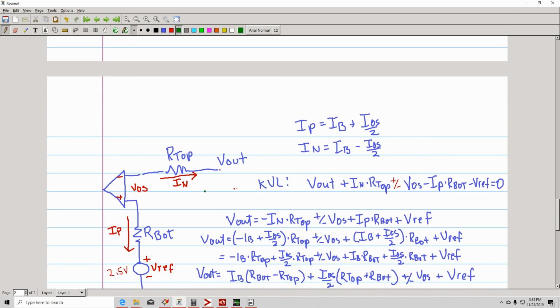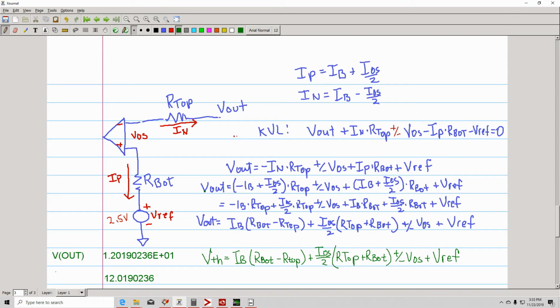So now we're going to use the equations that we just derived to see what the voltage out would be with these parameters defined.